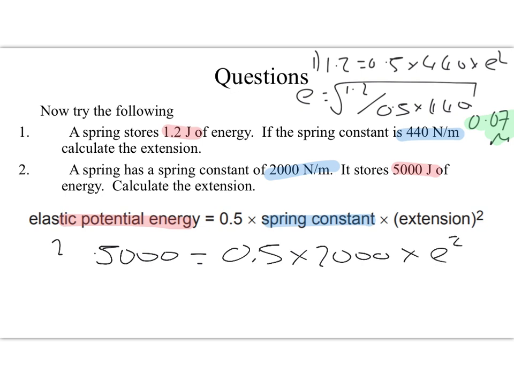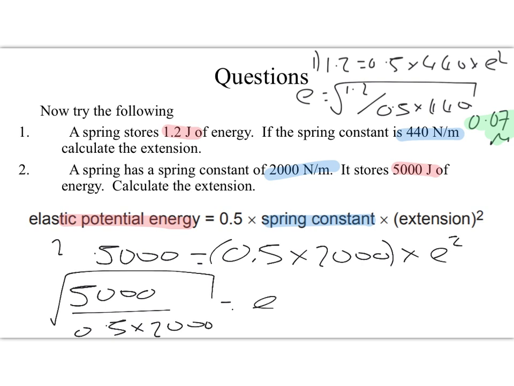And then rearranging that process, we'd end up with 5,000 over 0.5 times 2,000 equals E, and to get rid of the square, we square root it. And again, you can put that into a calculator to get the answer. So once you put that into a calculator, you get the answer of 2.2 meters, and that's the final answer that you needed there.